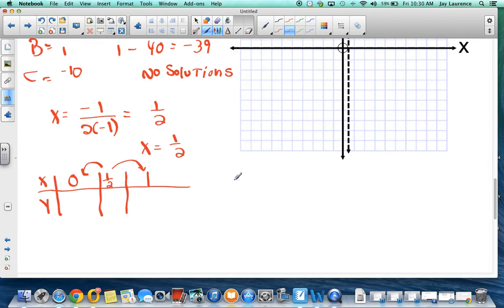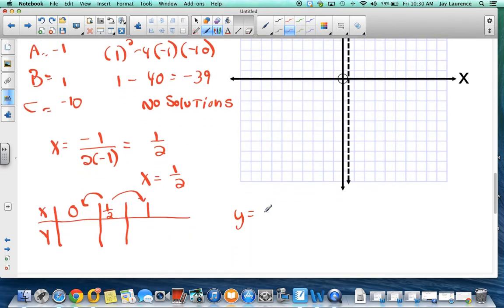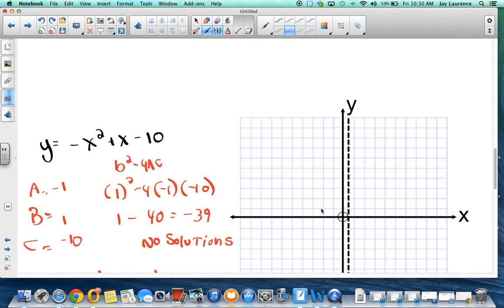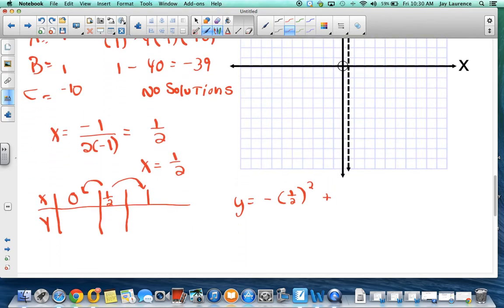So I'm going to do y equals the negative of 1/2 squared. Going to follow the order of operations there. Notice the negative is outside because I'm not plugging in a negative number. And then I need plus 1/2 and then minus 10. So I'm going to get 1/4, then it'll become negative 1/4 plus 1/2 minus 10.